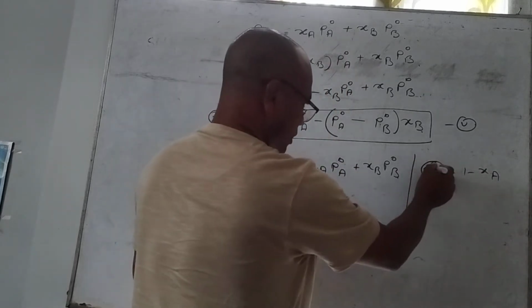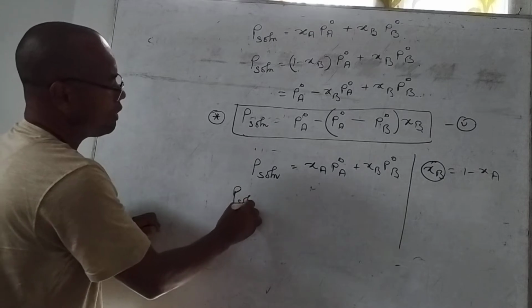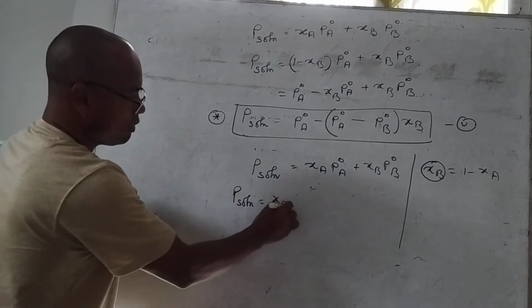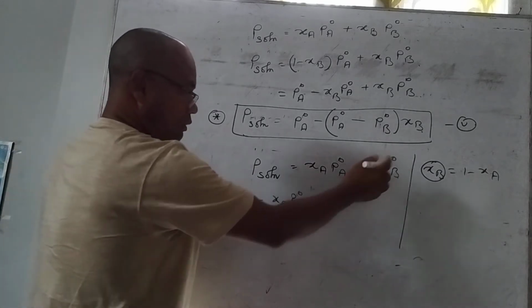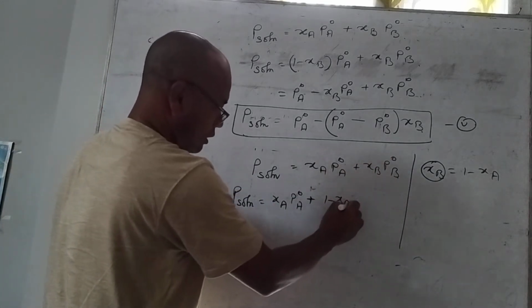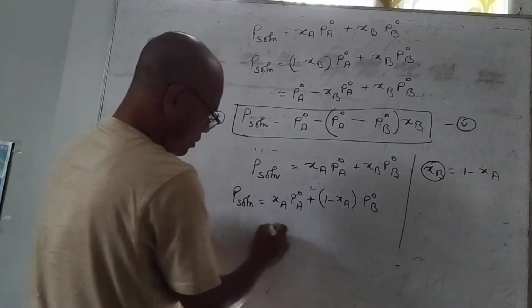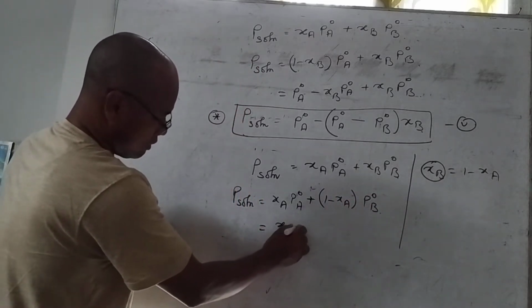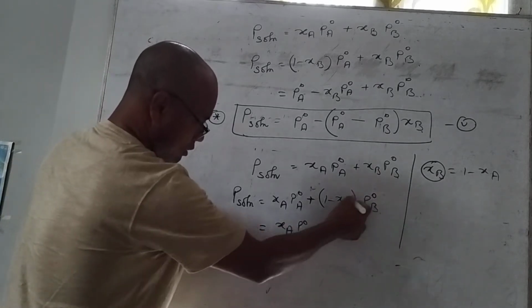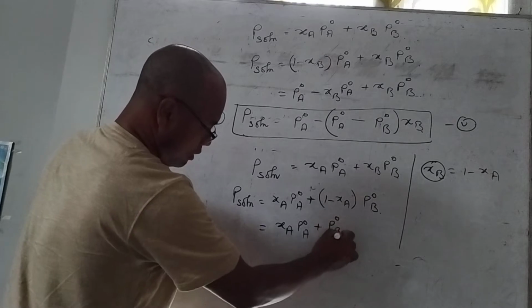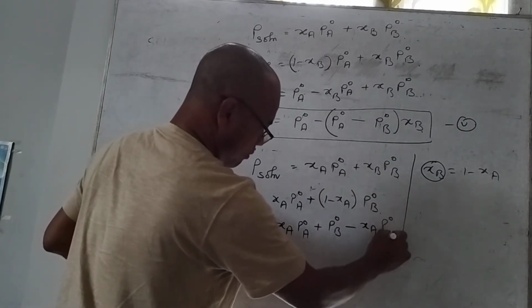Let us put this XB value here: XA P naught A plus (1 minus XA) P naught B. So XA P naught A, then bringing P naught B gives minus XA P naught B.